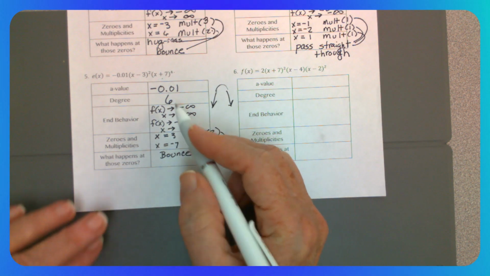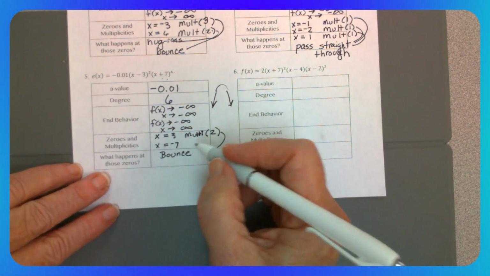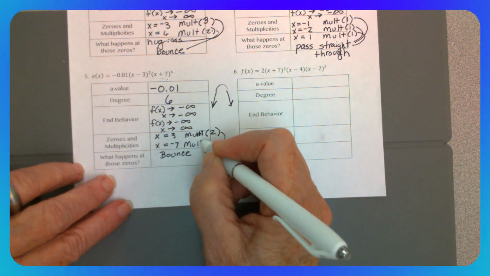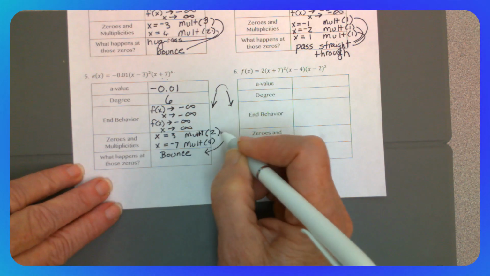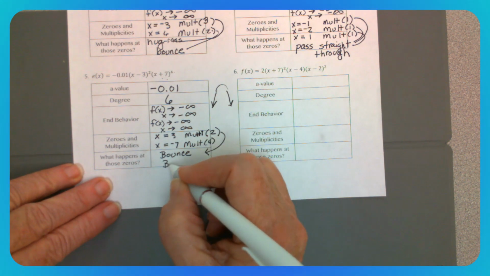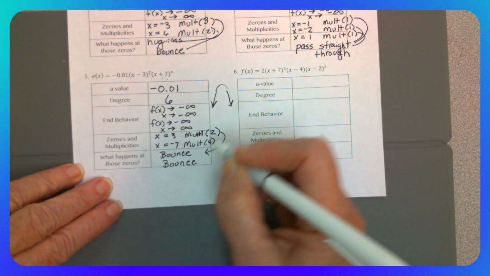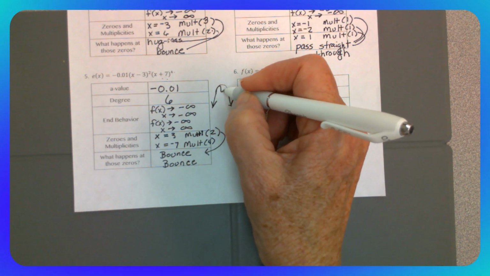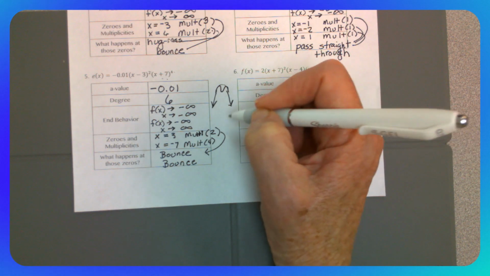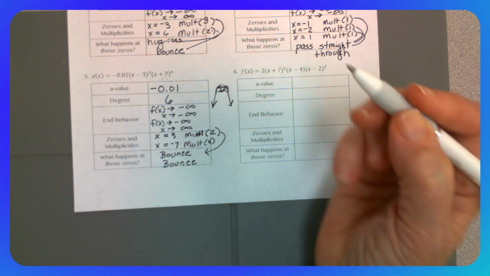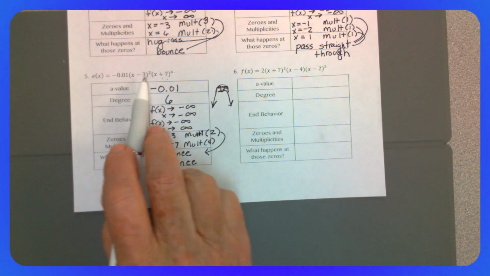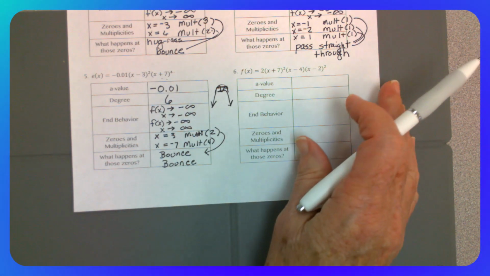And here at x equals negative 7, it has a multiplicity of 4. So that's even. It's also going to bounce there. So up here, it's probably going to do something like this. I don't know. But you can go back and use your graph to check your answers.